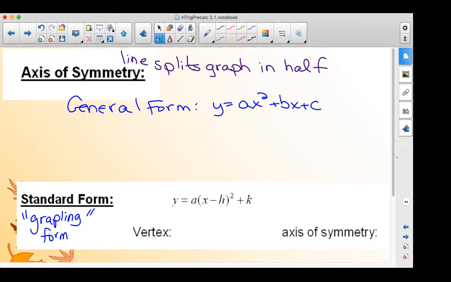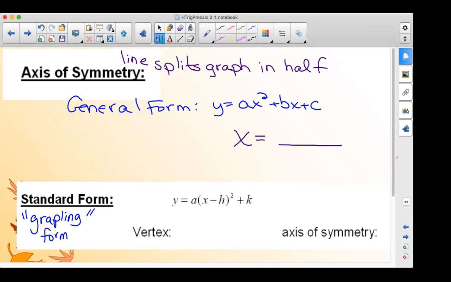There are 2 ways to find the axis of symmetry, and it depends on the form you're given. If I'm given general form, there was an equation last year, or more like a formula, that you use to find the axis of symmetry. And it used the letters in the general form.